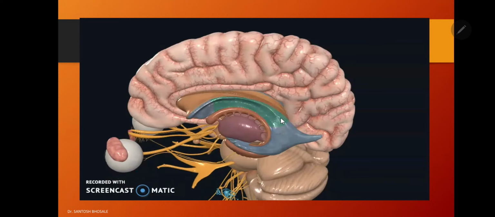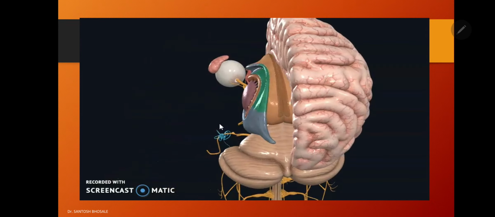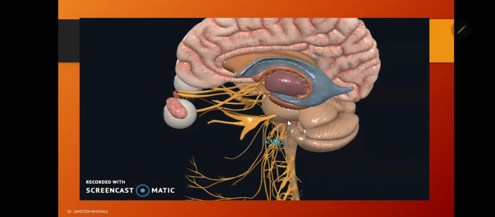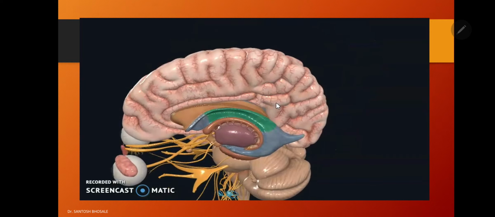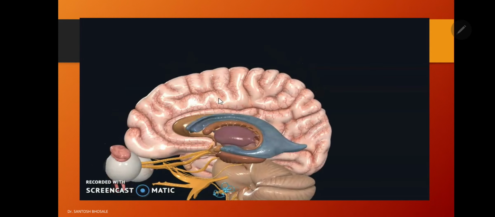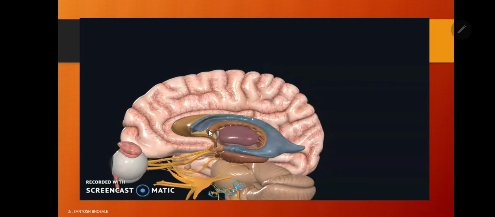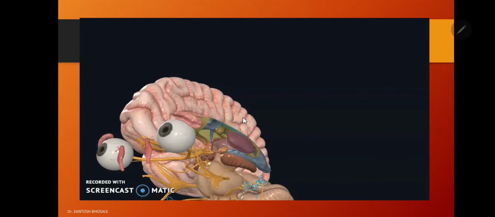You can see here what the different parts are. The body lies in the parietal lobe, and if you isolate the different parts here, you can see the corpus callosum surrounding it, and in the floor you are seeing the caudate nucleus, and more medially if you go, you will see the fornix.